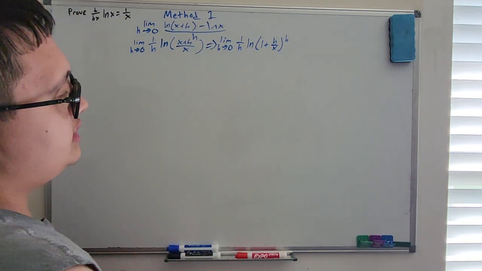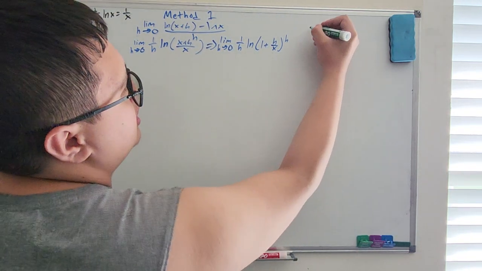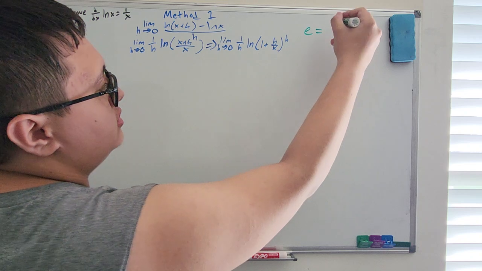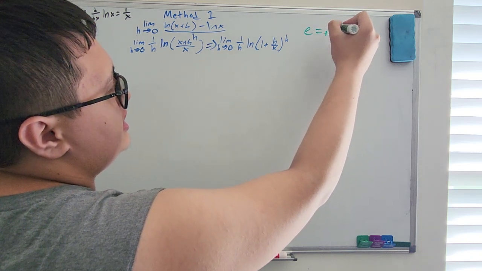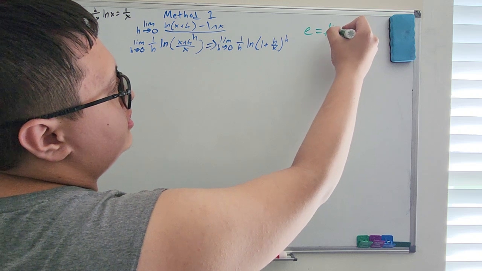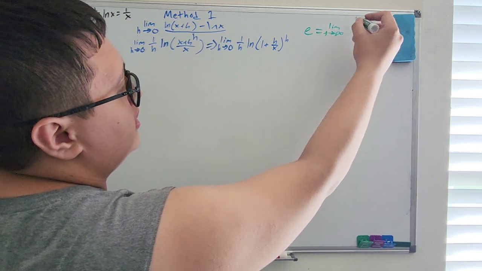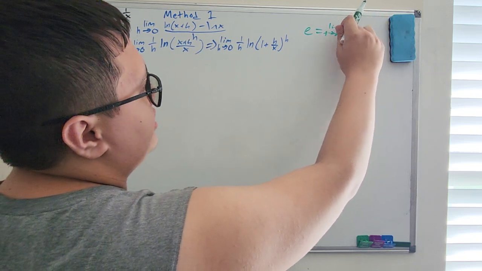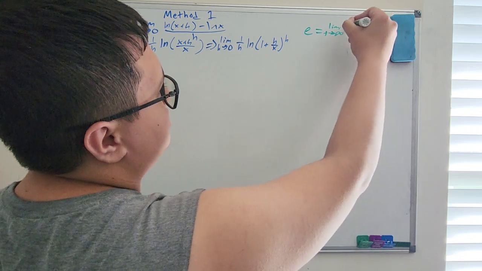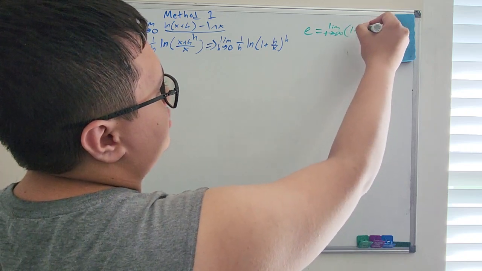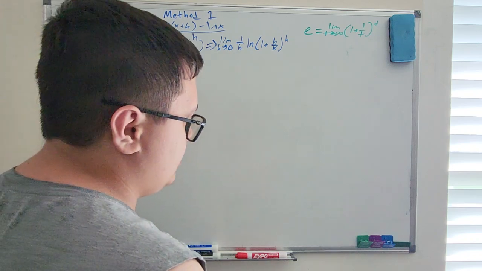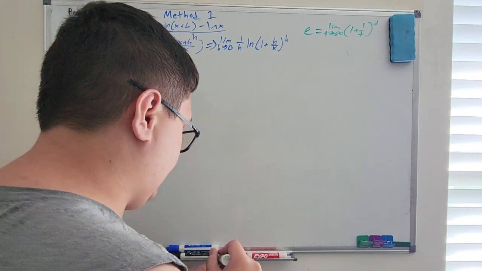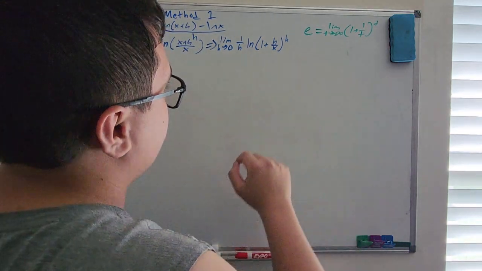So, e is equal to the limit, let's just use t, as t goes to infinity of, it's not ln, my fault, it's 1 plus 1 over t to the t power. That's how you get e. And that's very important because this looks mighty familiar to it.